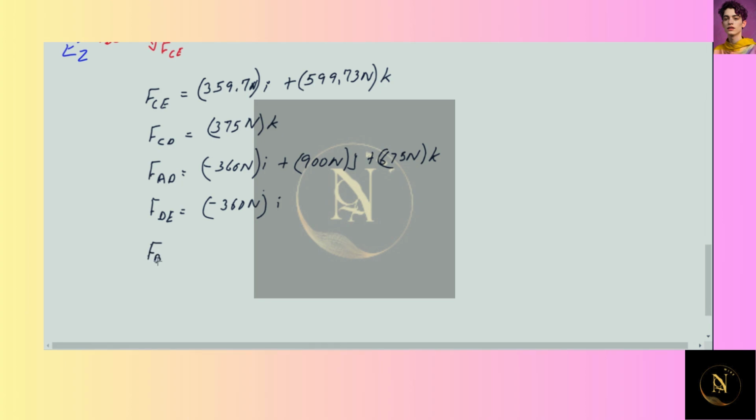Substituting the value gives us 600 Newton, and this is along K. So this is the result. I hope you understood the problem. Thank you.